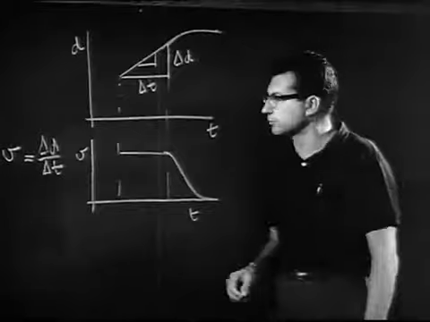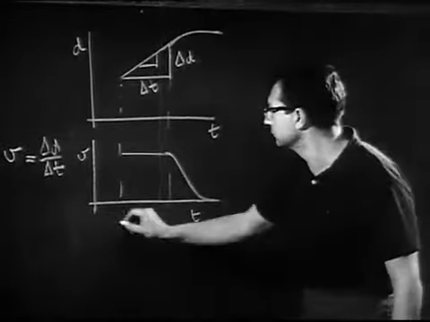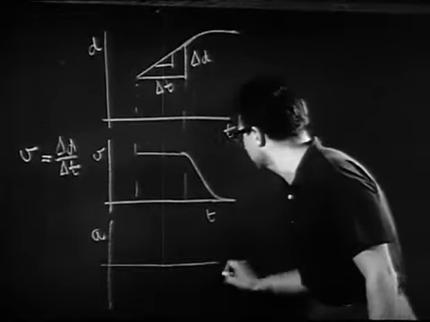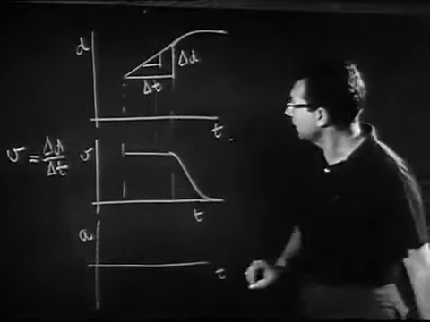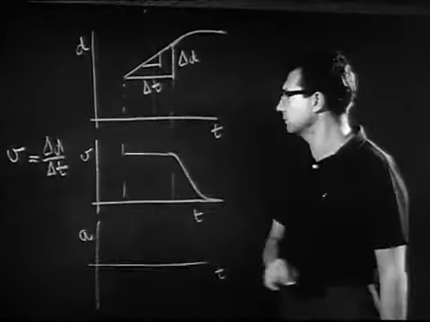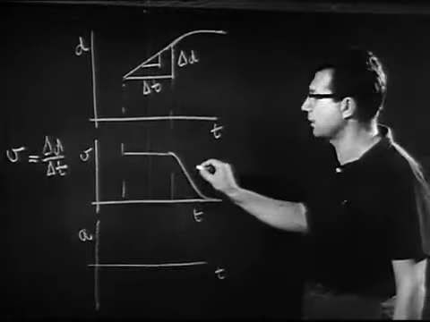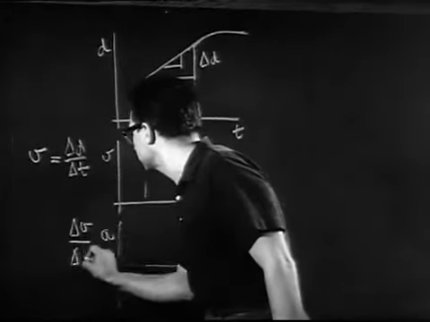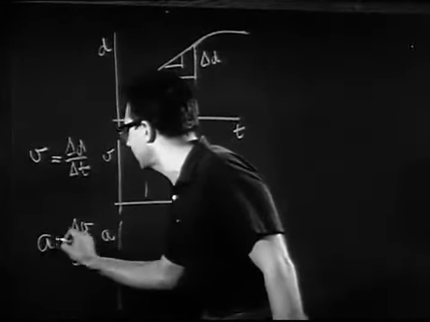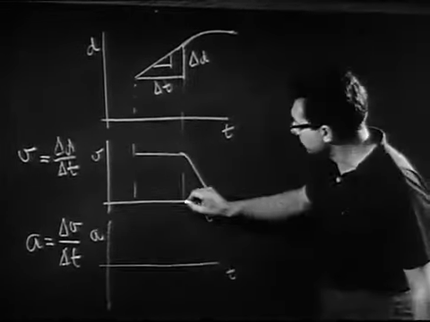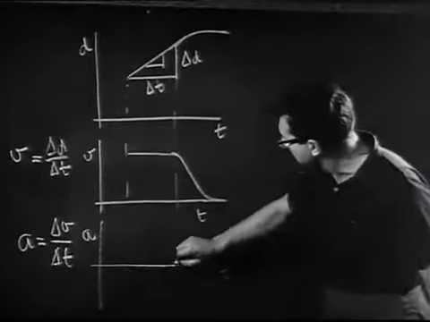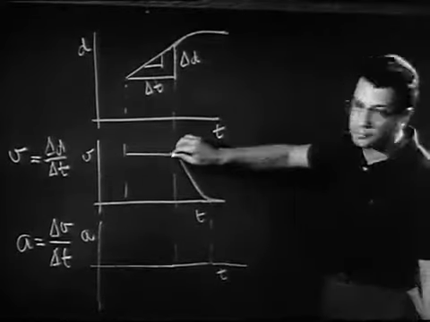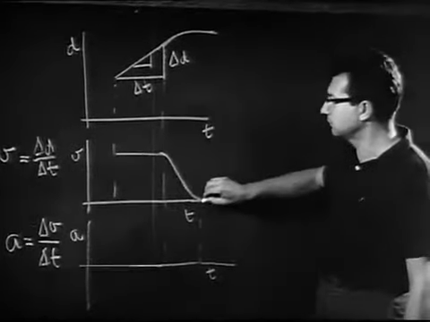And now I'll go to the acceleration using the same kind of rule. I draw myself these axes, and I ask what happened to the slope of v. First of all, what I mean by that is again a ratio, but this time delta v over delta t, and I call that a. Here the slope is 0 until this time. It becomes 0 again here, and in this region it's negative.